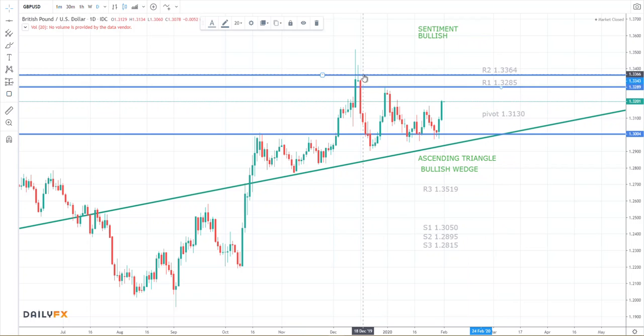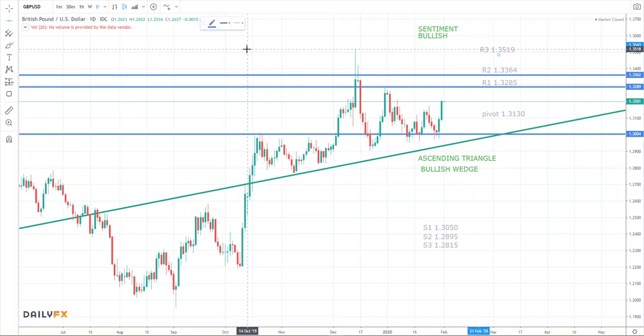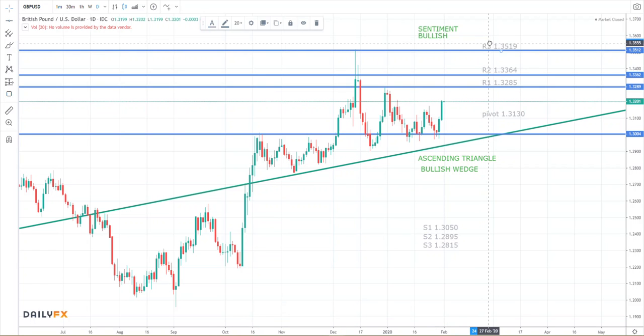Even without looking at a pivot point chart, that's a pretty good way to tell where your resistance and support lies. There we go, R3 at 35.19, where the tip of the candle was, right there. Okay, so that's your resistance for this week.